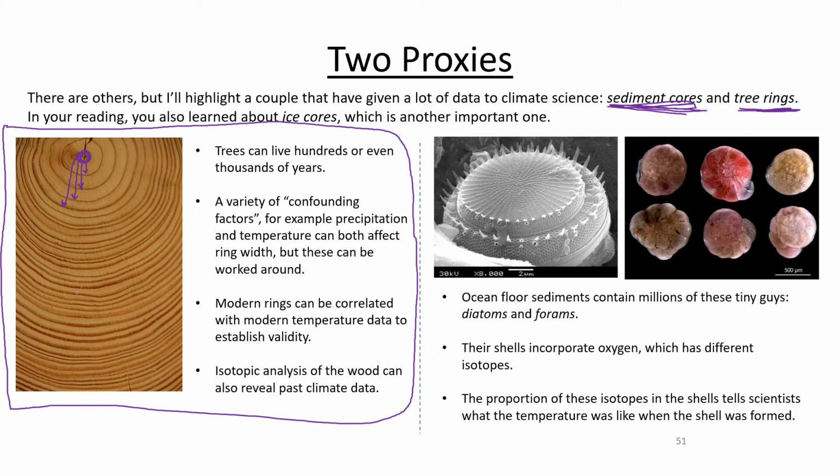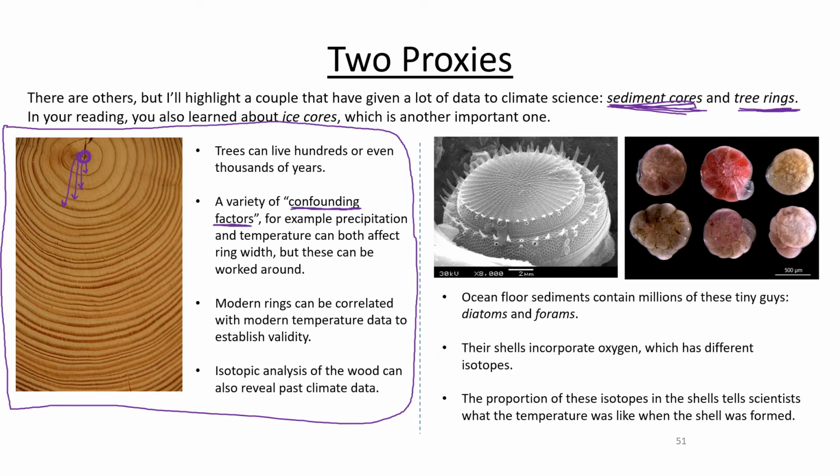And so this gives us a pretty long temperature history of the Earth if we can correlate tree rings accurately with temperature. And the problem that we always run into with the tree ring proxy is that there are a variety of so-called confounding factors.